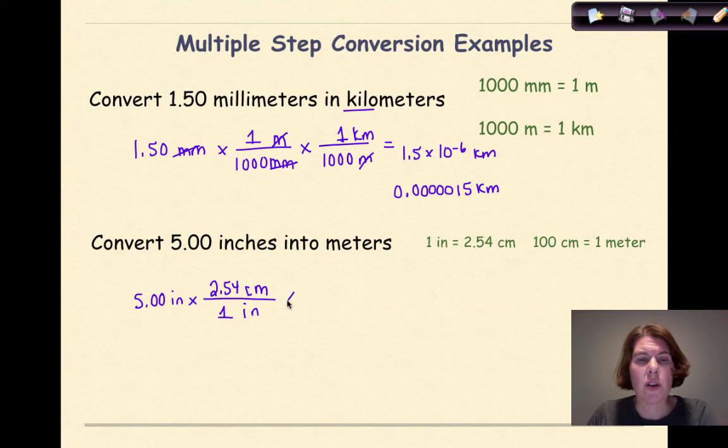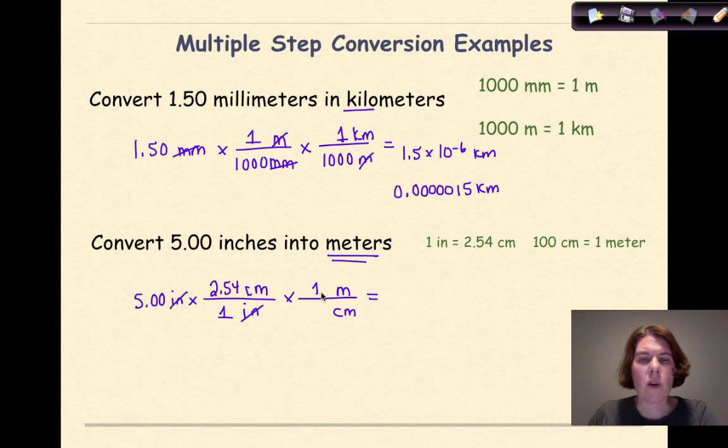So I'm going to do another multiplication sign and a line. If I have my inches units cancel out, I'm left with centimeters. So if centimeters is on the top, then I'm going to put centimeters down here so I can cancel down and to the right. 100 centimeters, 1 meter, so meters will go up on top, which is ultimately where I want to end up.